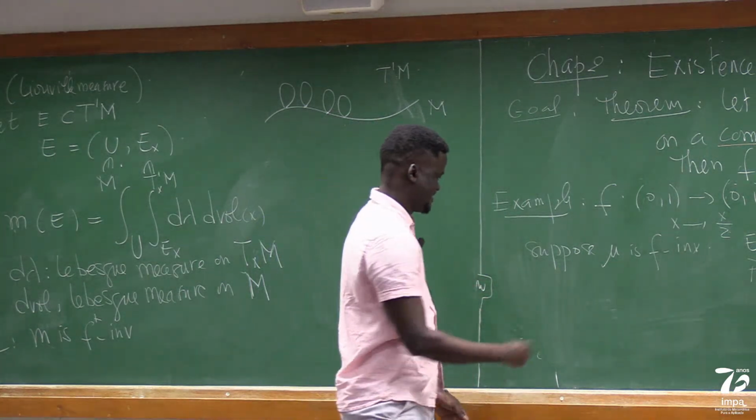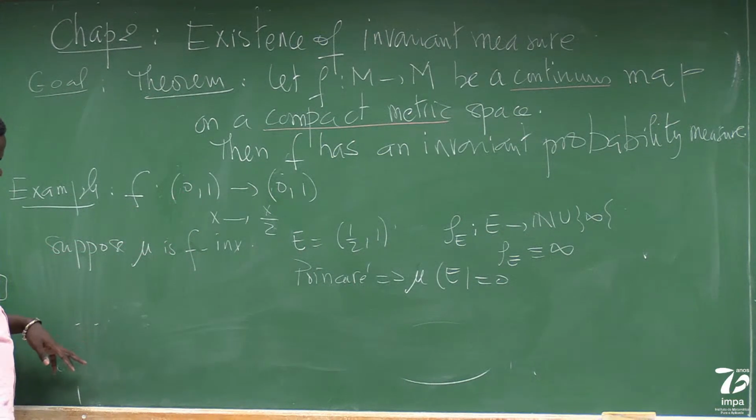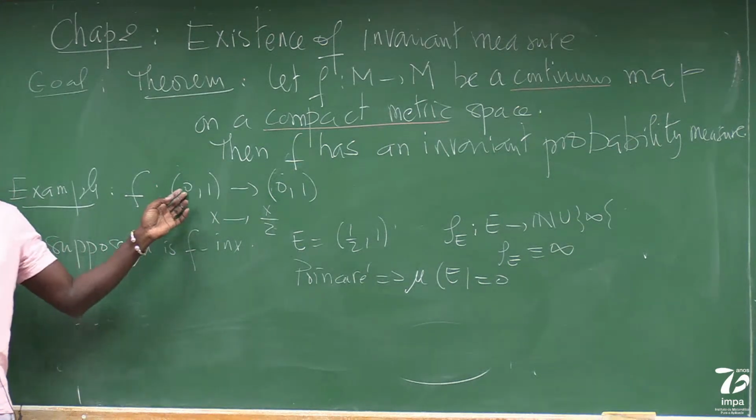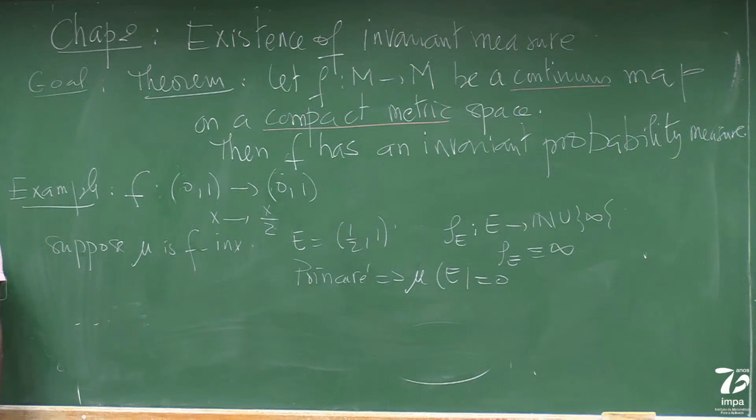So basically, the only invariant measure would be the Dirac delta at 0. And that is not part of our space. So the measure would be identically 0, yeah.